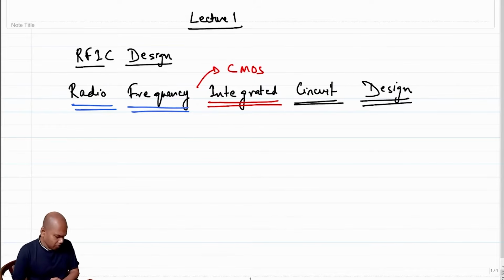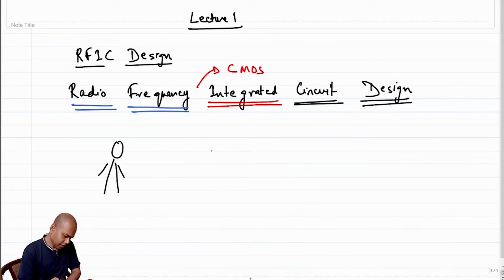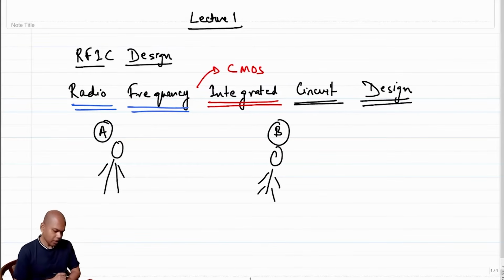So for the time being, let us forget about the fact that it is an electronics course. Let's assume that we want to communicate, right? So there is a person A and there is a person B, and they would like to communicate with each other.